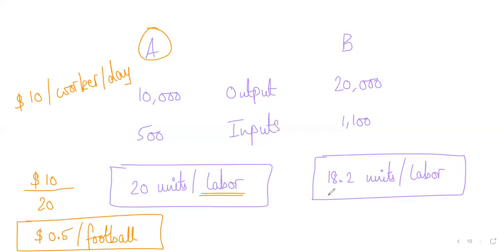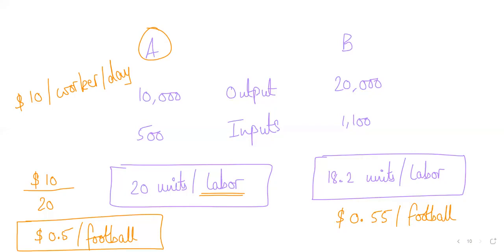Let me quickly do the calculation. So in the case of factory B, 10 divided by 18.2, excellent. And that gives you 0.55, right? So you can see that since factory B was inefficient, that is why its ATC is also higher.